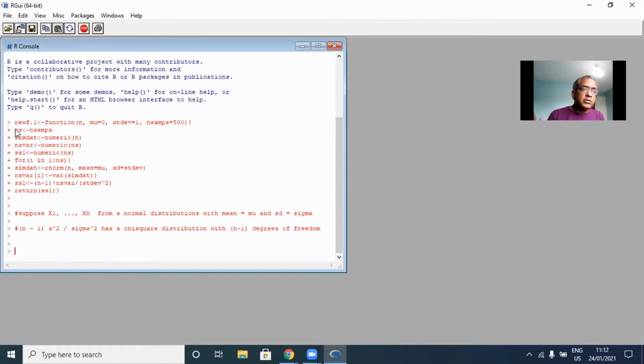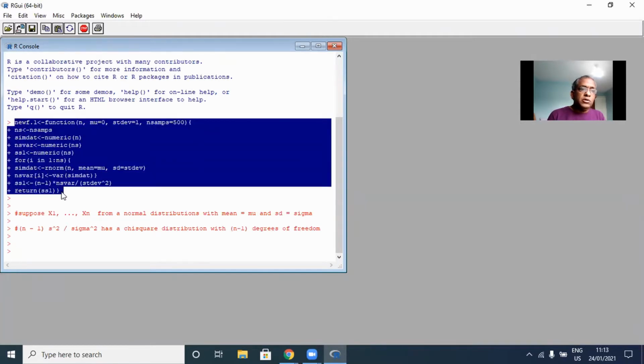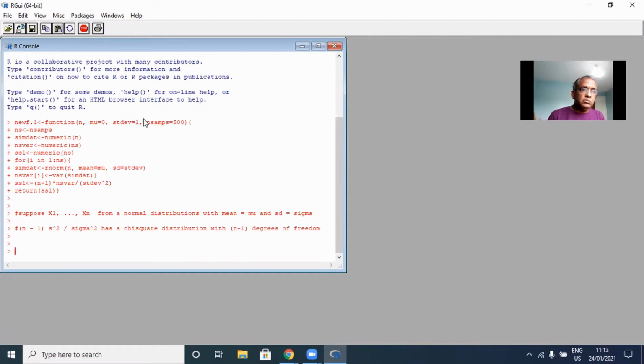So what this function does is it simulates a sample of size n from a normal distribution with mu equal to 0 and sigma equal to 1, and then it computes this quantity: n minus 1 times the sample variance divided by sigma squared. This is assigned to ss1, and it returns ss1.